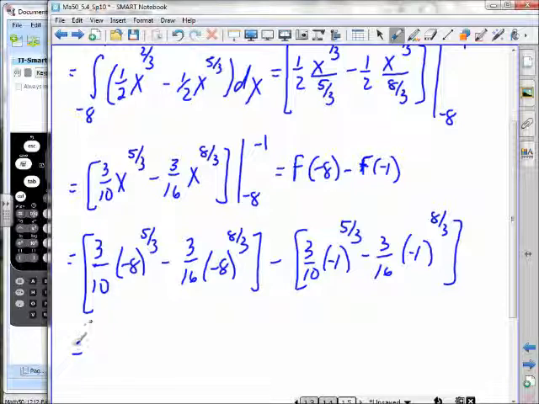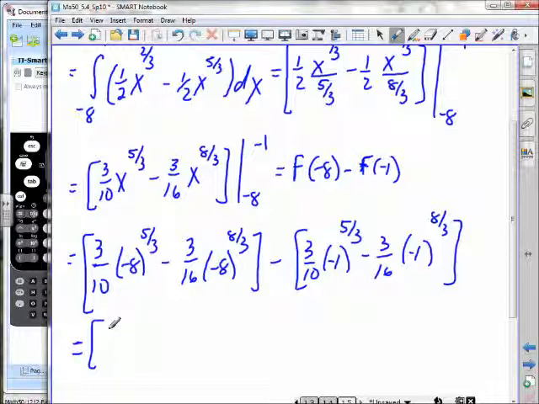So, the 1/3 power. Becca, what's another way of saying 1/3 power? Yeah, what's the cube root of -8? It'd be -2, because it's the cube root.